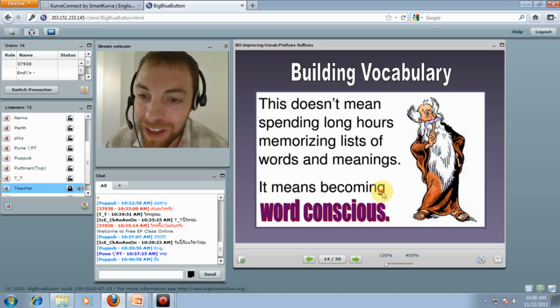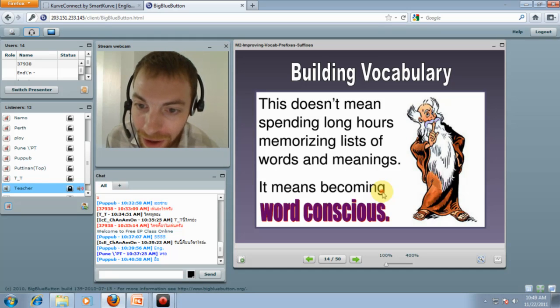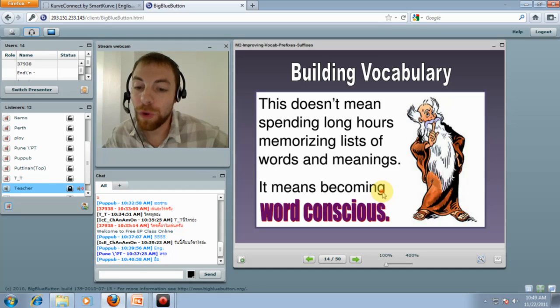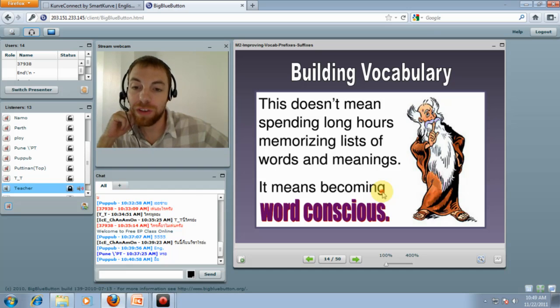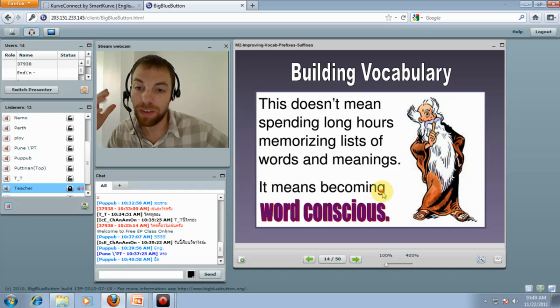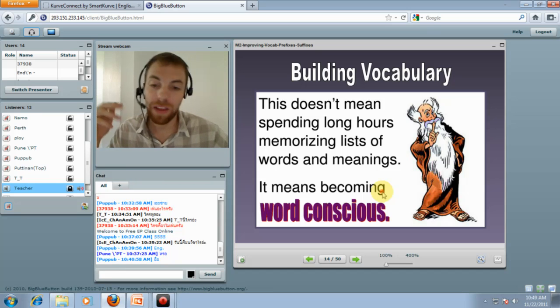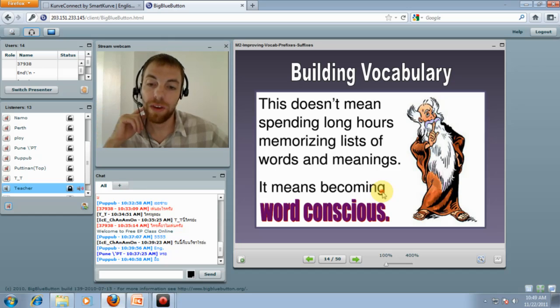Building vocabulary. So, when we learn about prefixes, we don't need to memorize a long list of this prefix is this, and this prefix means this.